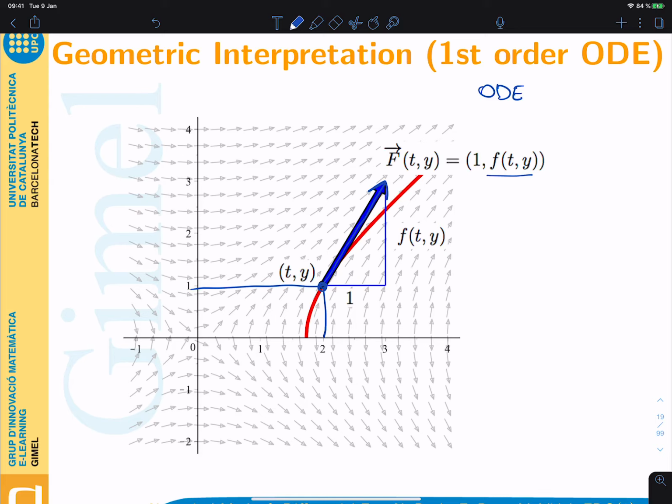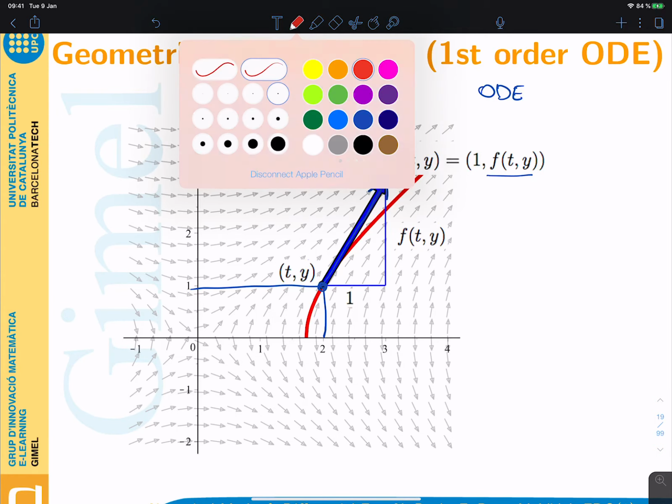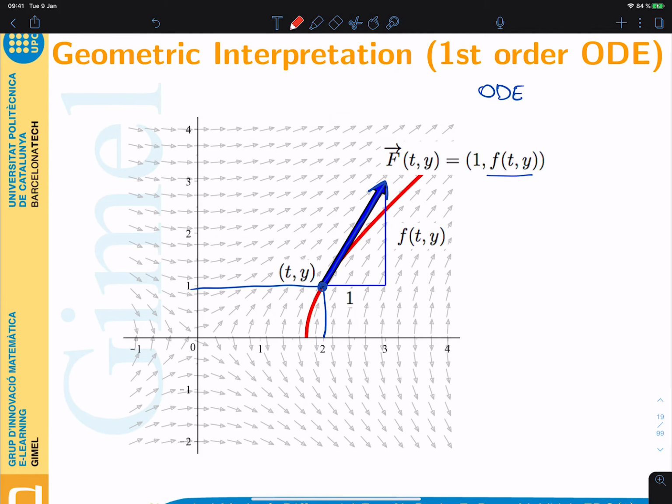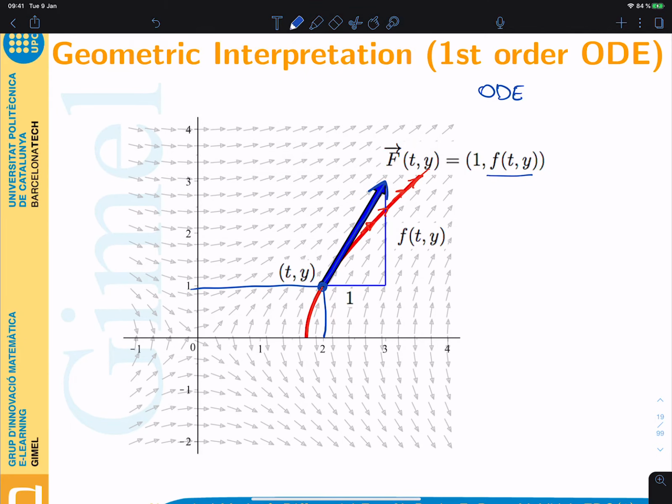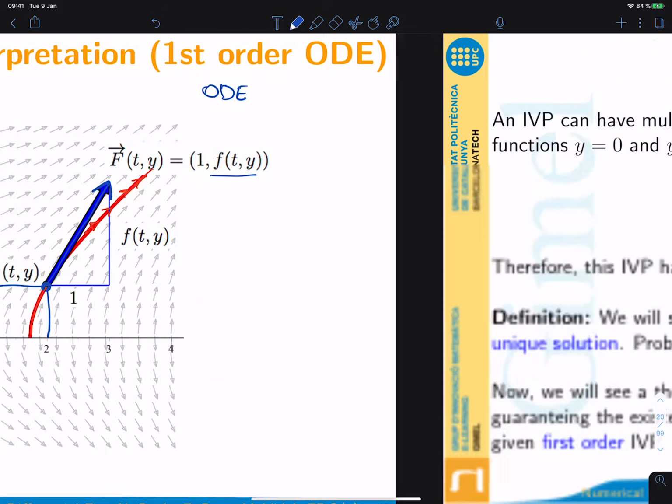So here in red color, we have the solution of the differential equation, which we can see is tangent to the vector field everywhere. You can see that this red curve is tangent to the vector field. So this is the geometric interpretation of first order ODEs, and it's a very important concept.